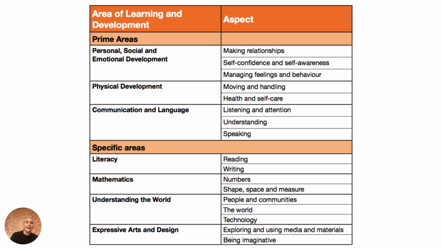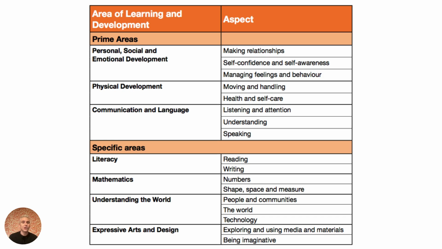If we look here at the prime areas of learning, let's take, for example, personal, social, and emotional development, which is up there. It's the first area of learning. That is subdivided into 3 aspects: making relationships, self-confidence and self-awareness, and managing feelings and behavior. Physical development is subdivided into moving and handling, and health and self-care.